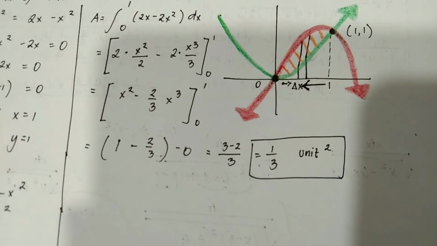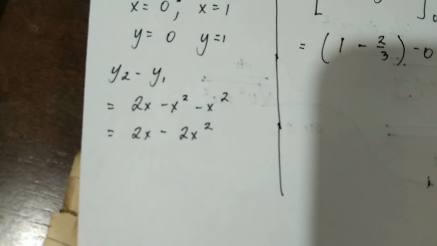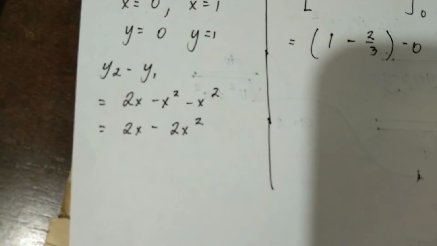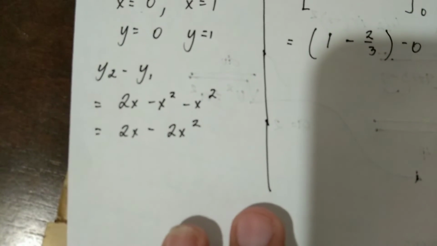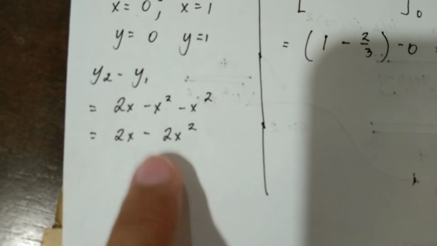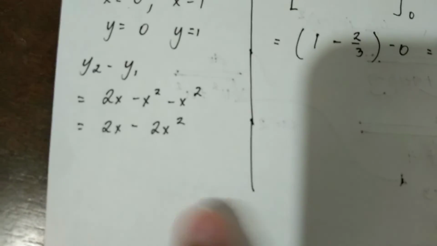Let's find the difference between the curves. y2 minus y1 equals 2x minus x squared minus x squared, which gives us the region in between the two curves. So that region is equal to 2x minus 2x squared.